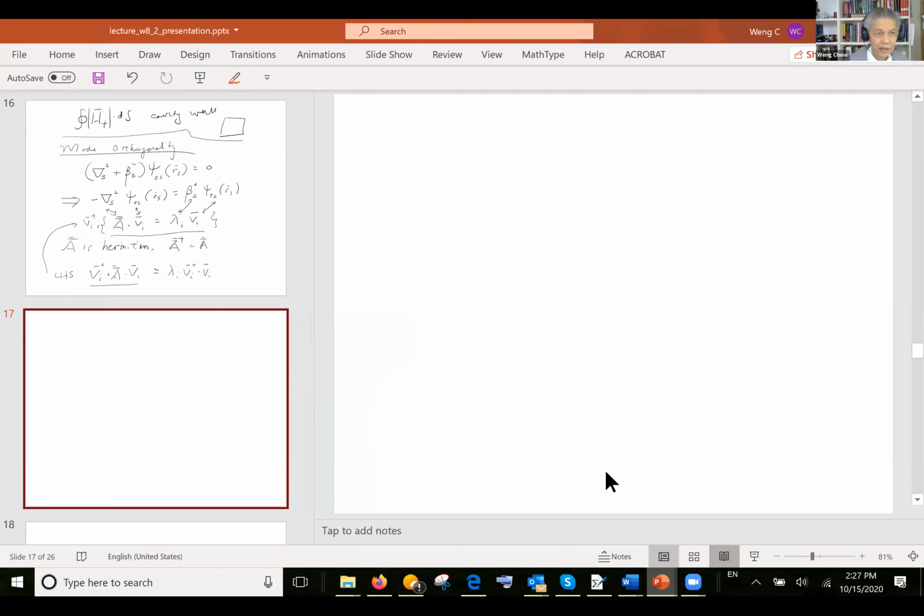Also I want you to prove that different eigenvectors are orthogonal to each other. So if I have two eigenvectors, this one satisfies this equation with this eigenvalue and eigenvector. And then I have a second eigenvector satisfying this equation with eigenvector Vj.